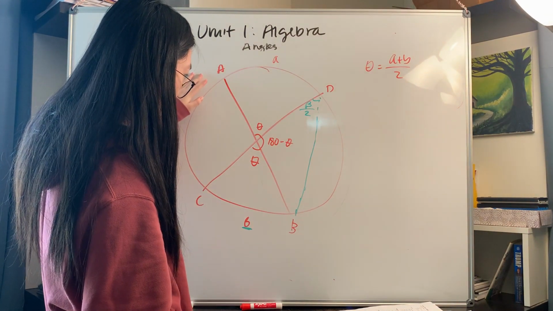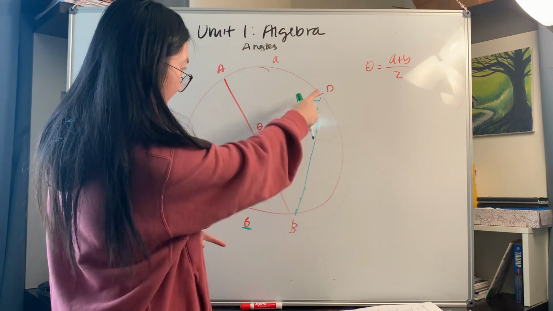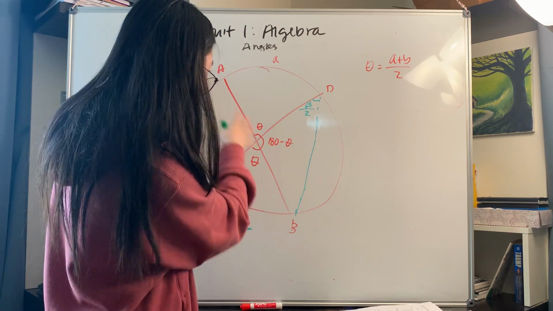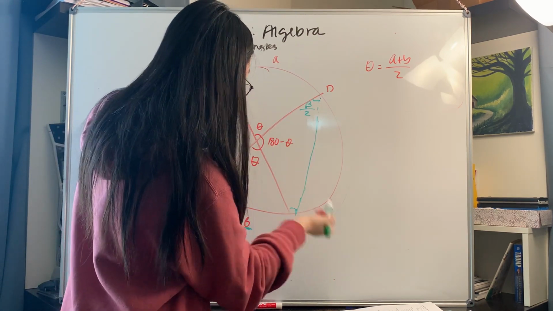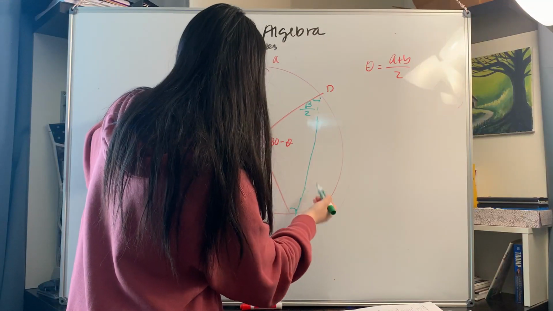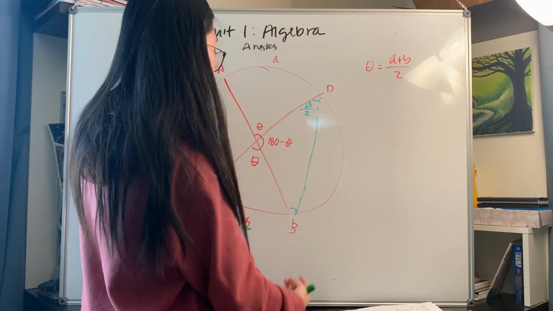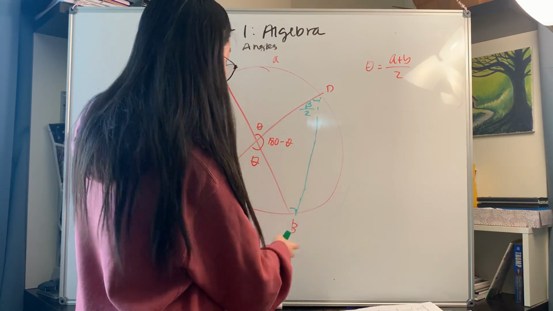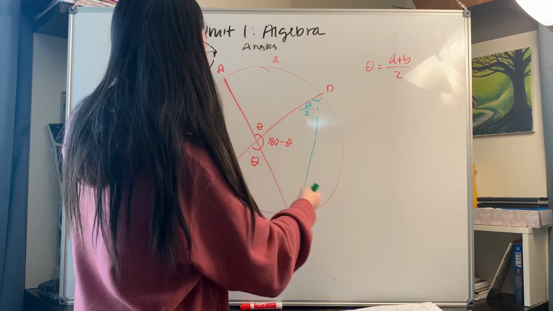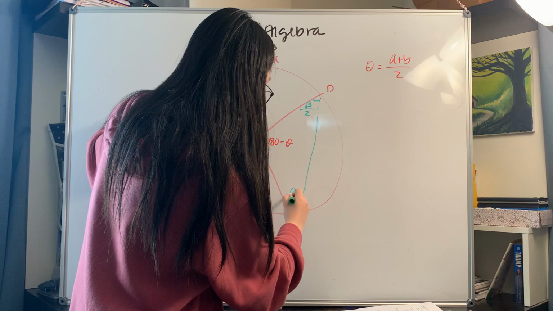And we can also figure out what this angle here is, ABD. ABD intercepts arc A. Sorry, I keep on using the terminology incorrectly. So the measure of this inscribed angle right here, ABD, is equal to 1/2 the value of arc A. So that's A divided by 2.